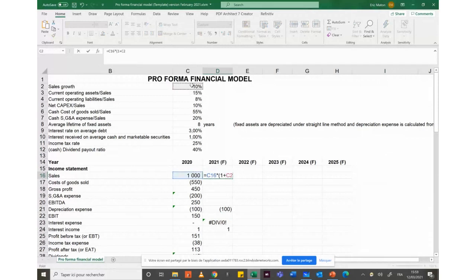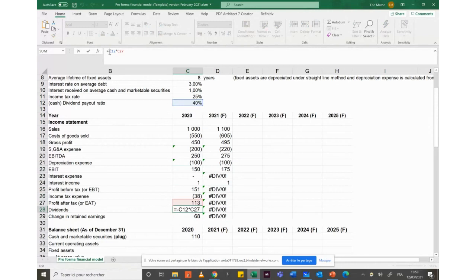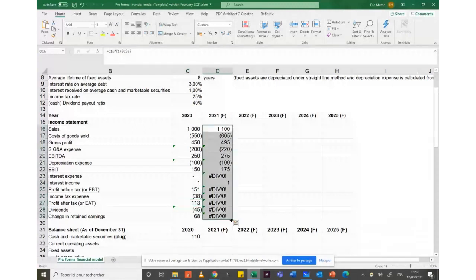You can put dollars here. So now we can use the same calculations in here, and here the same calculation. I forgot the dollars here. Okay, here is the difference. Okay, so now I can use all this for the rest.